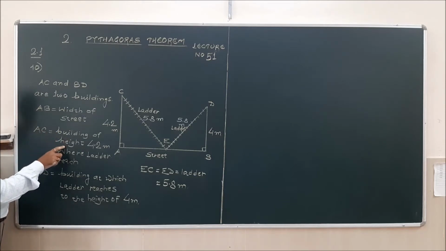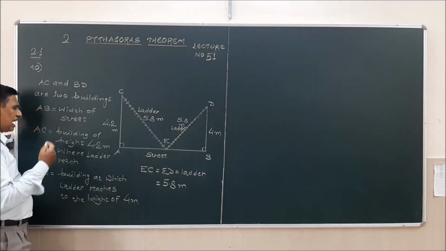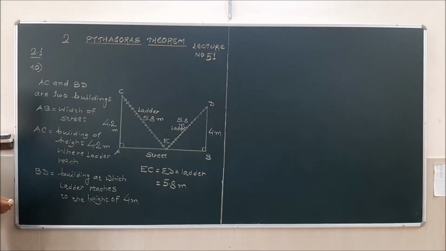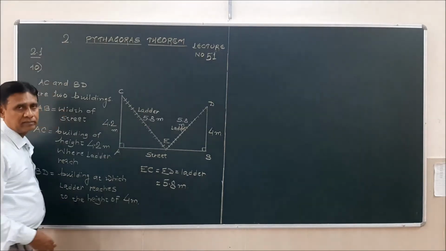AC is the height of 4.2 meter where the ladder reaches. And BD is also a height where this ladder reaches, 4 meters.